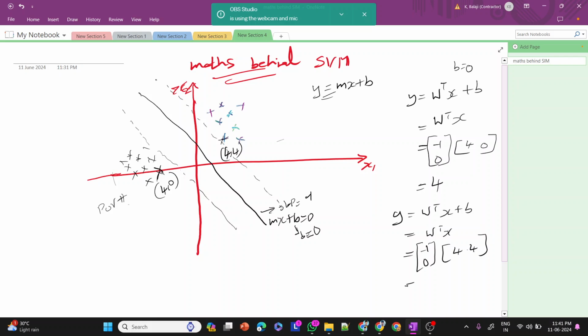After we do matrix multiplication, we will get the answer as -4. Whenever we apply all the points into this formula, we will get a negative value for the points present in this area. We will get a positive and a negative value.